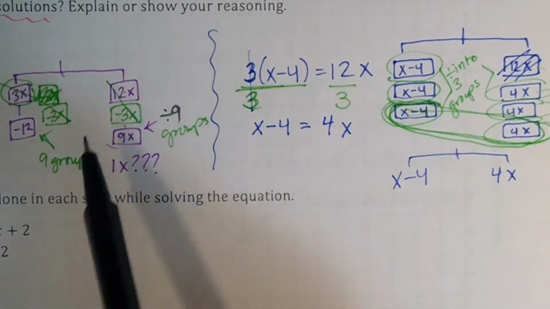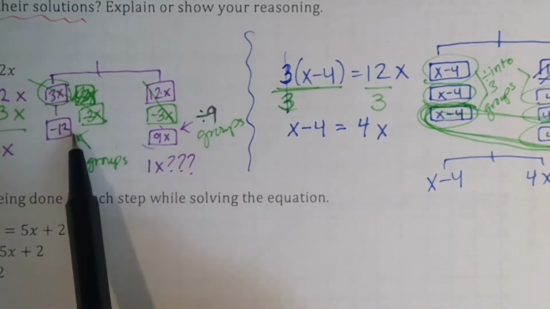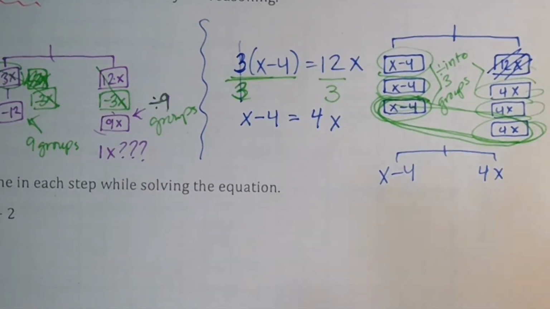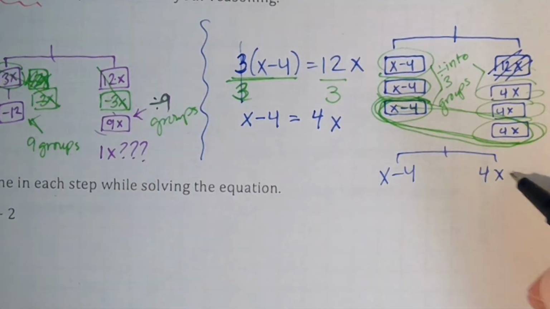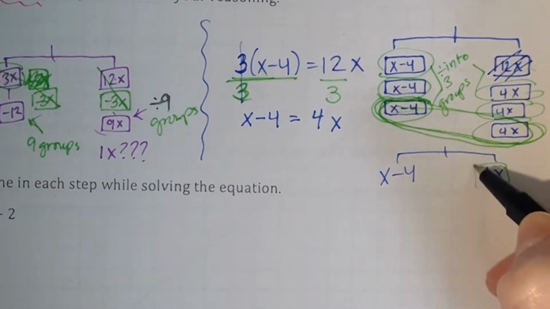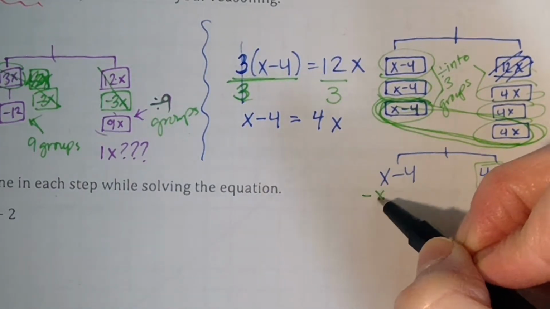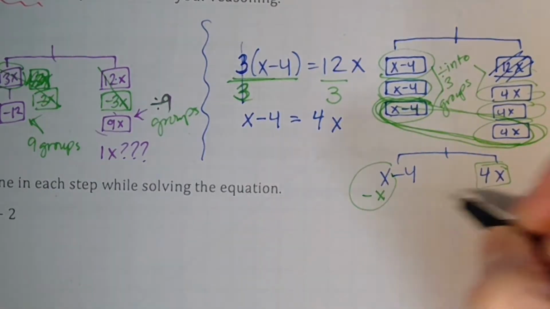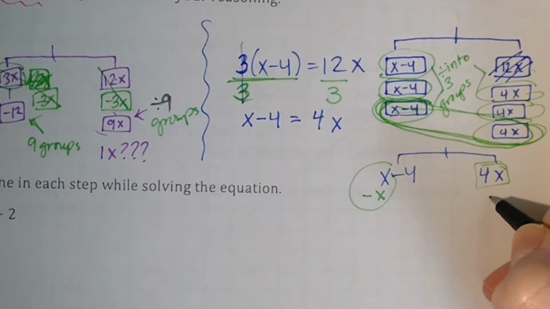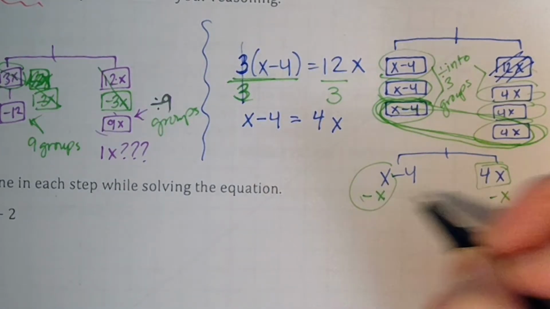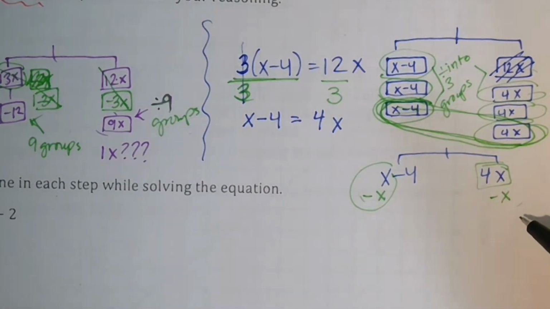So just like our hanger on the left over here, I can do the same type of process and say, okay, well, I already have x's waiting over on the right. So what if I take an x from this side, negative x on the left, and a negative x on the right? So I'm placing a negative x on the left and a negative x on the right.